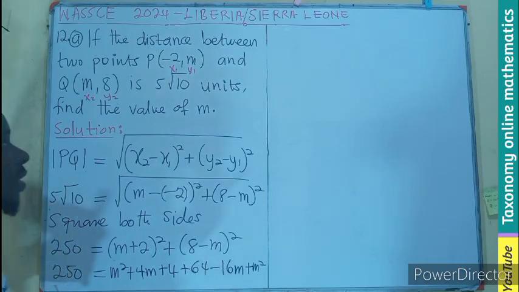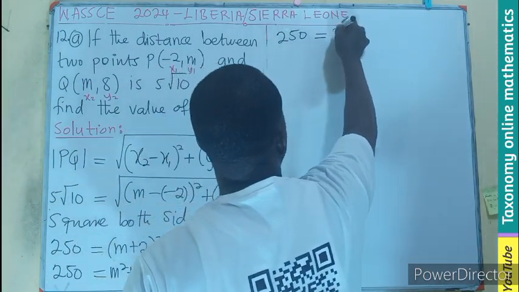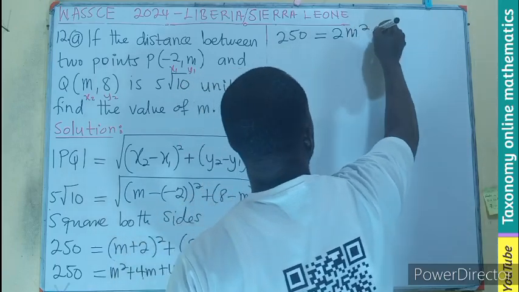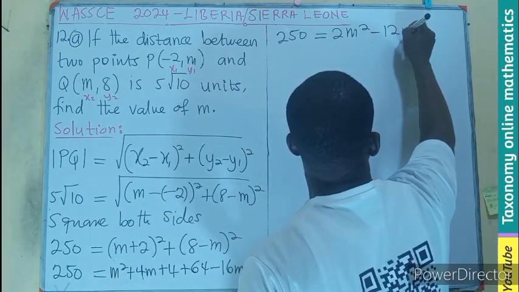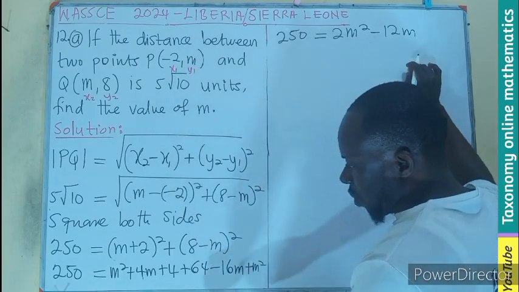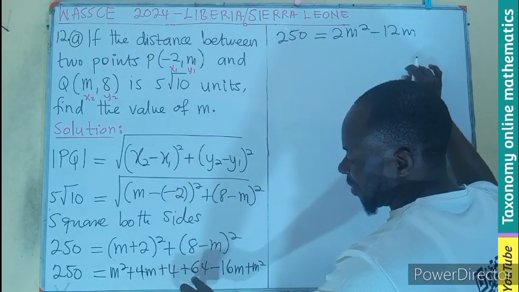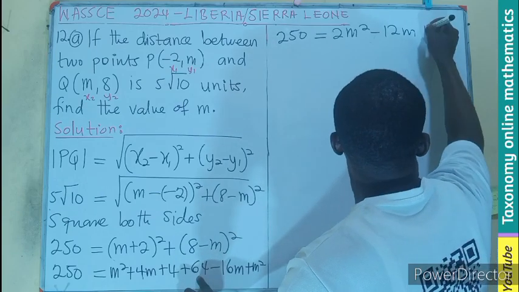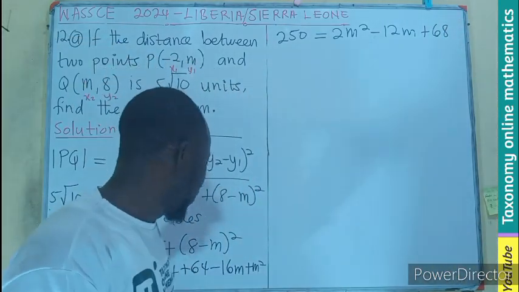So let's keep the left, 250, equal to 2m squared minus 12m. What is the constant here? The constant is going to be 4 plus 64, that will be 68. Are we good on that?